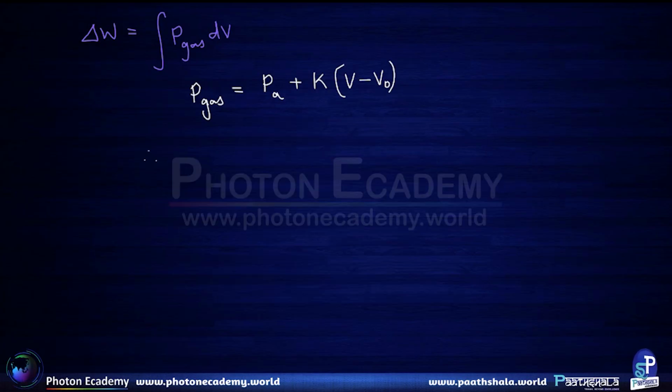Therefore, dW will be equal to (Pa plus K times (V minus V0)) into dV.